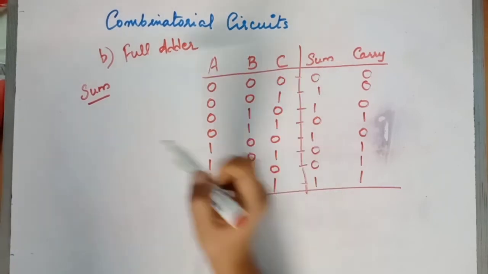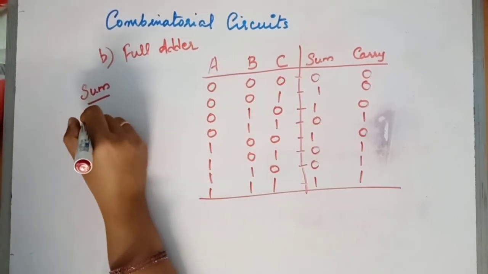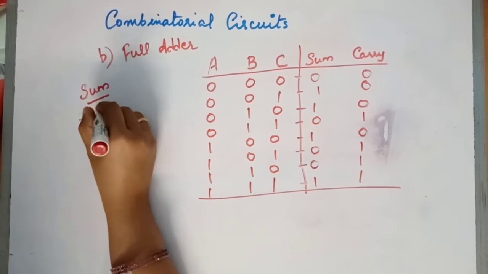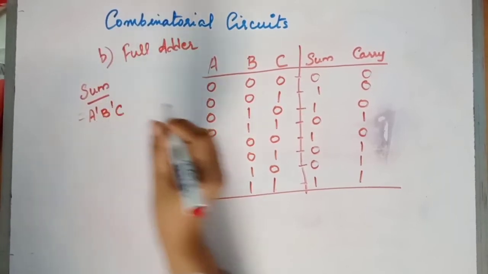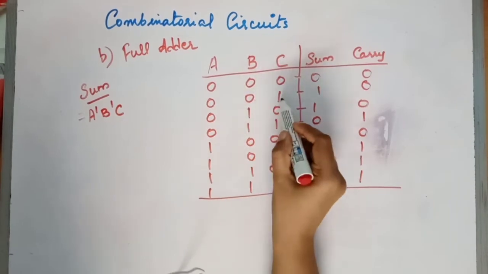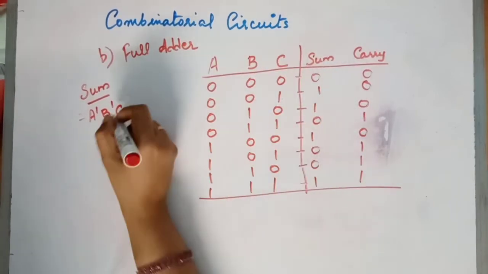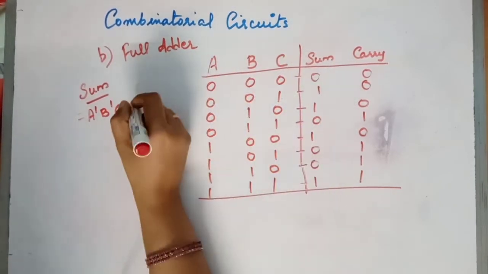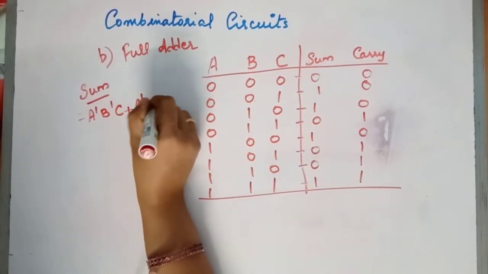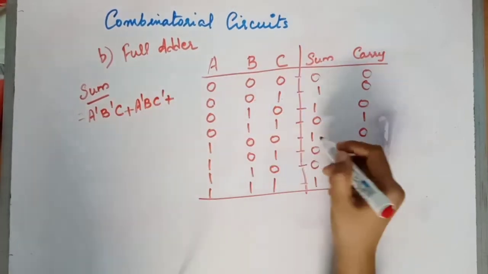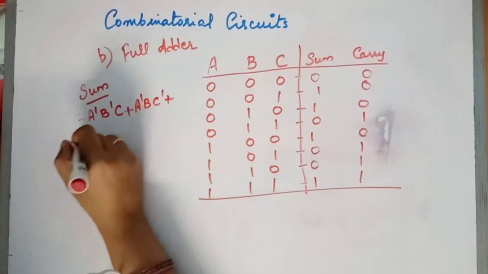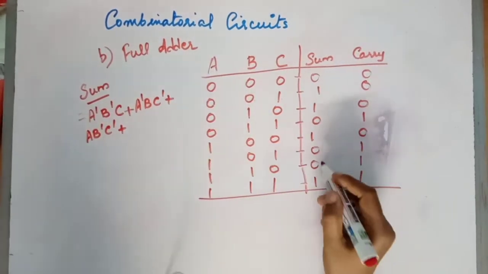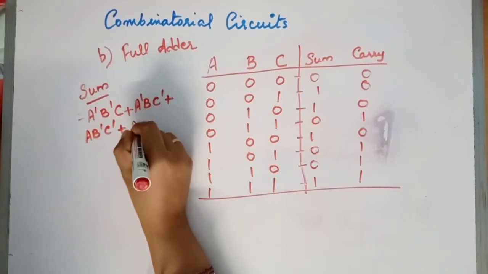Otherwise, what will you be writing here? Say, sum is equal to A bar B bar C, or A bar B C bar, or A B bar C bar, or ABC.